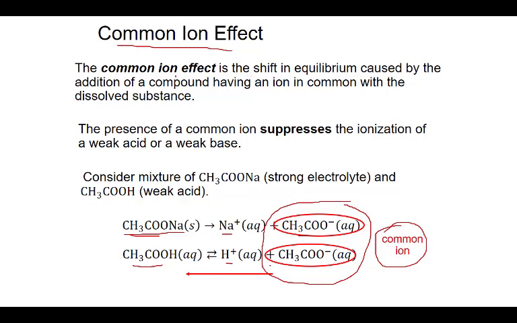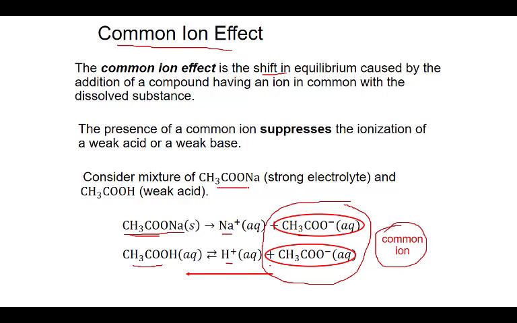So the common ion effect is the shift in the equilibrium caused by the addition of a compound having an ion common with the dissolved substance. So this shift will make it a buffer solution. So what chemicals do we use? One is the salt.